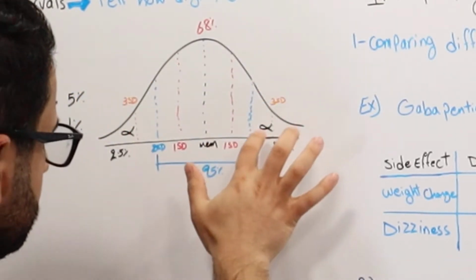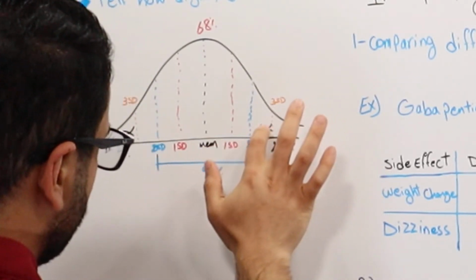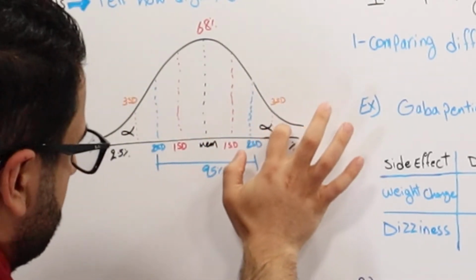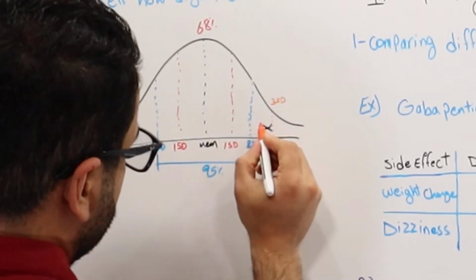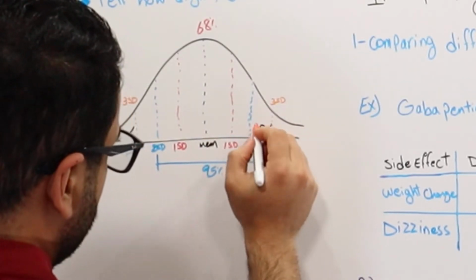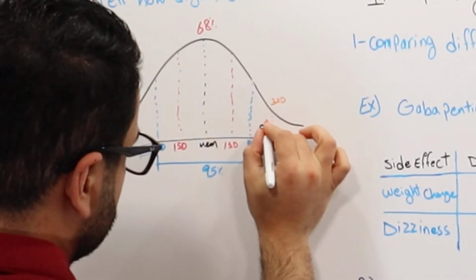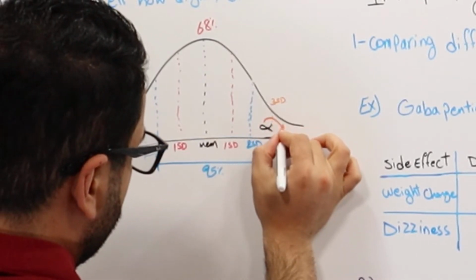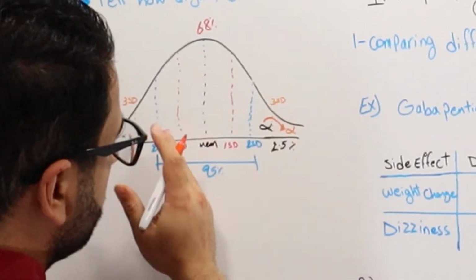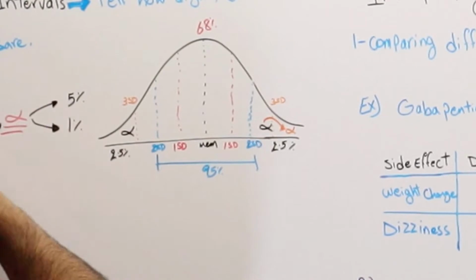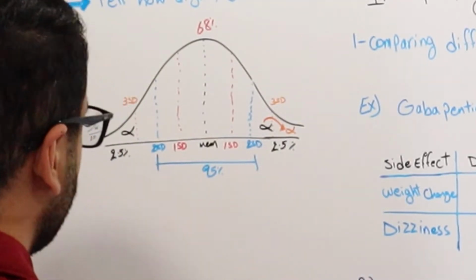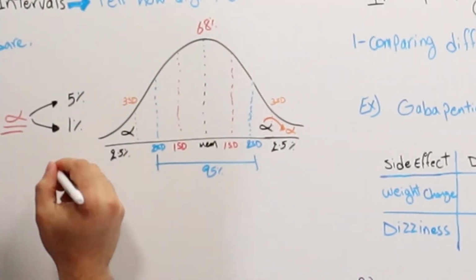Knowing this, if we're going with the 1%, alpha is going to be all the way over here instead of here. It's going to move more to the left and more to the right if we had 1%.